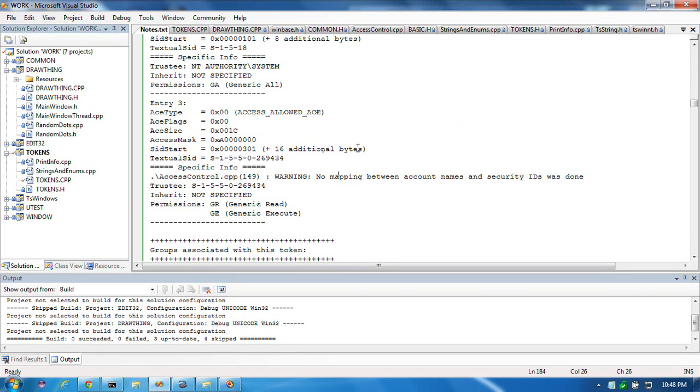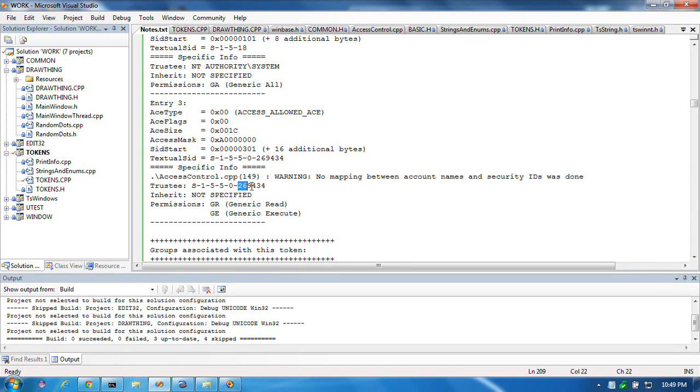But this particular one is apparently a type of group structure that is associated with the logon, the current logon ID somehow or other.